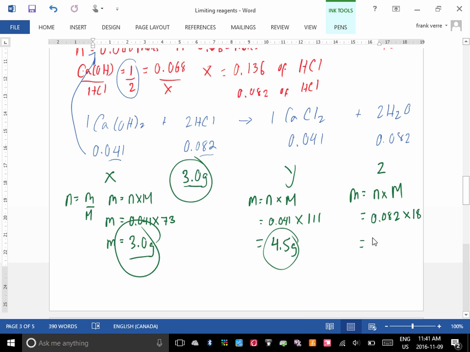Okay, 1.476, so 1.48. Now, we predicted 1.5, we got 1.48. If you rounded it off, that would be 1.5, so that's correct. Okay? So if we round this off to 1 decimal place, it would be 1.5. There's your answer. The right side now equals left side. Okay? So that's one example.